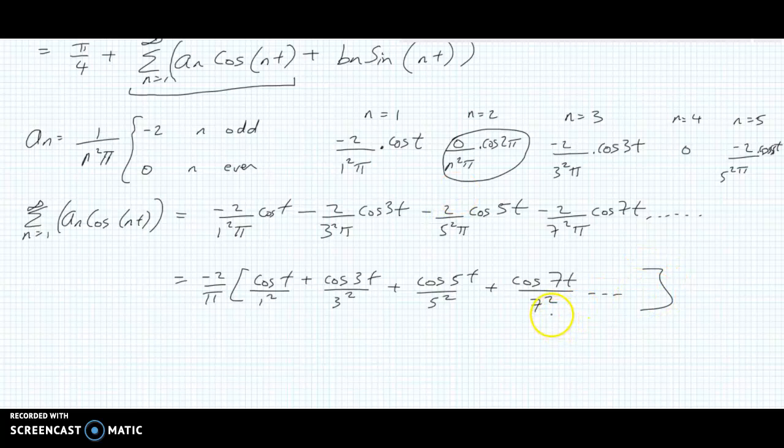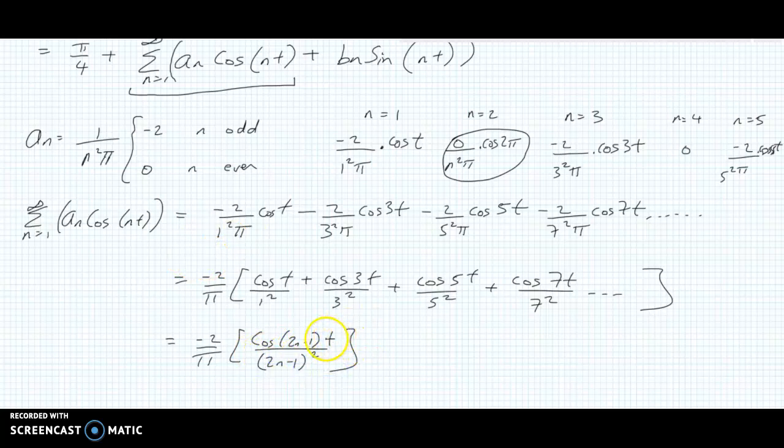Now, we have another couple of tricks we can do. You see, we've 1 here, 3, 5, 7, and 1 squared underneath. So we can write it like this. We can put in cos of (2n minus 1)t over (2n minus 1) squared.